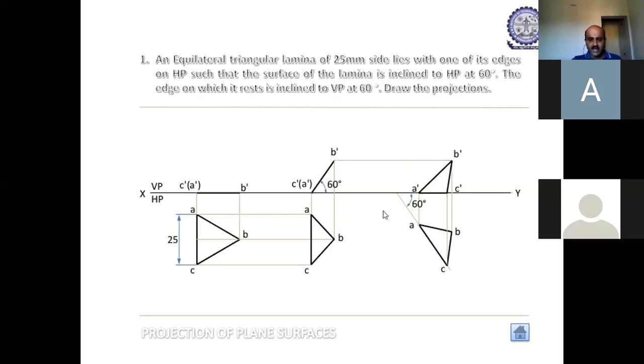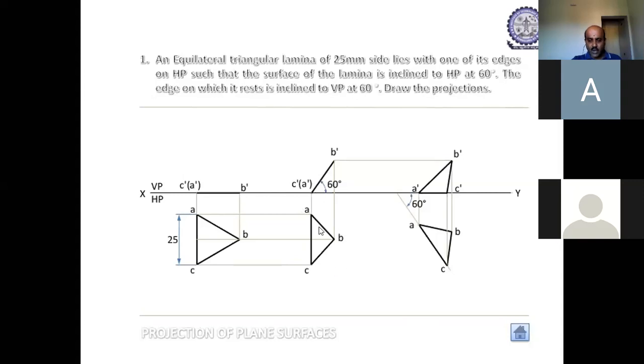See, this triangle is similar to this triangle only. We are taking this triangle, which is the top view of the second position. This is the top view, right? Could you see? I am showing with the mouse cursor. So this is the top view of the second position.